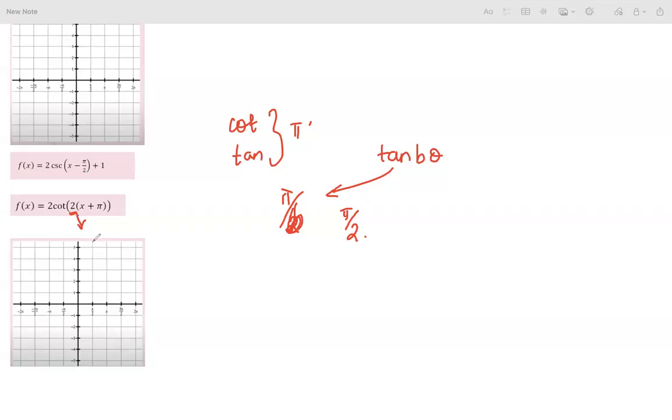So for every occurrence of pi by 2, you will have an asymptote. Make sense? Yeah. It is going to be like this, right? Dhwani, Krish, Shri, did you get it? Yeah. Pi by 2, okay. Yep. Can I move on?